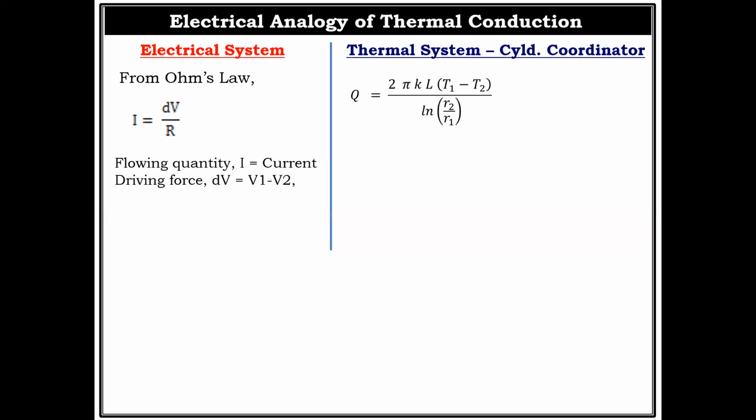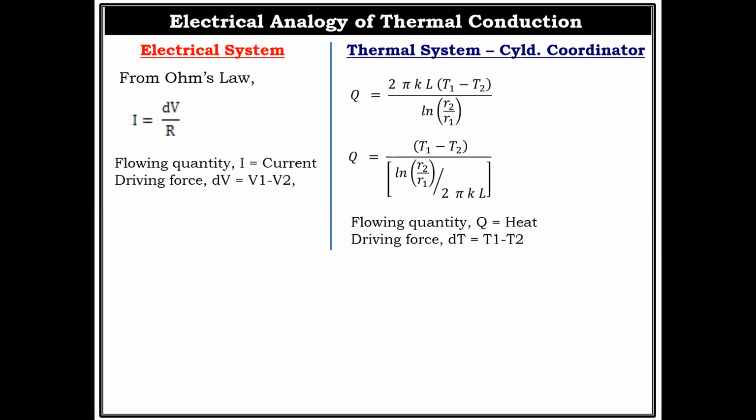If I rearrange this, the equation becomes Q is equal to (T1 minus T2) divided by the complete bracket ln of R2 upon R1 divided by 2 pi k L. In this thermal system, the flowing quantity is Q, that is heat, and the driving force causing this heat flow is a temperature difference dT. That dT is nothing but T1 minus T2.